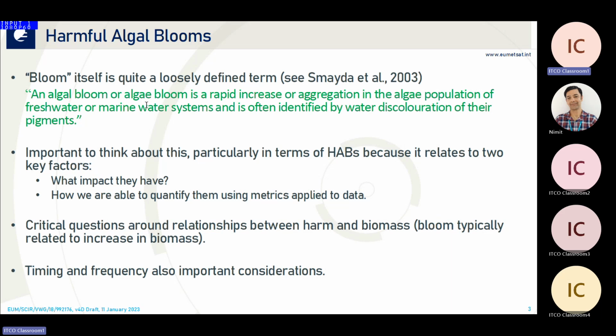Typically, when we think about a harmful algal bloom, I'm going to say HAB from here on just to shorten it, we think of a high biomass, a mass quantity of algae in the water. But this is not always the case, as we will see in a bit.